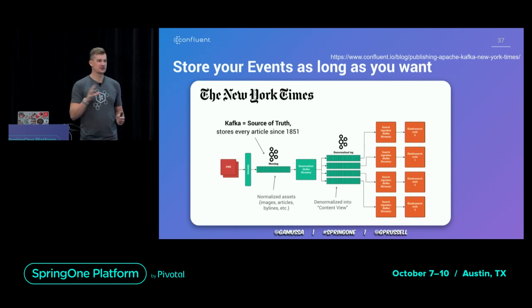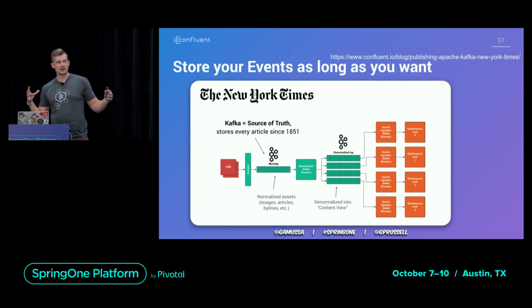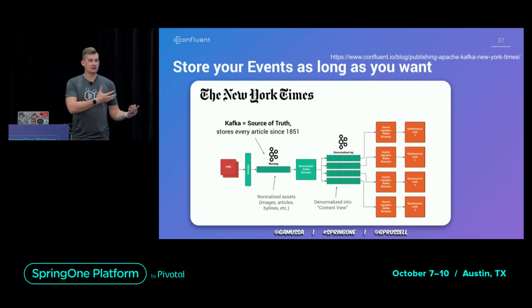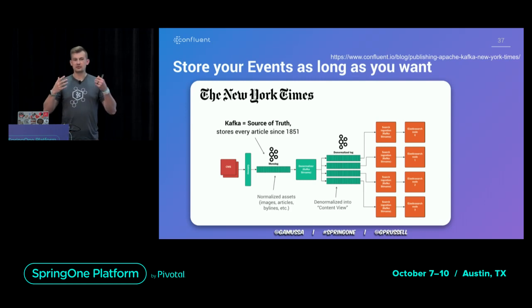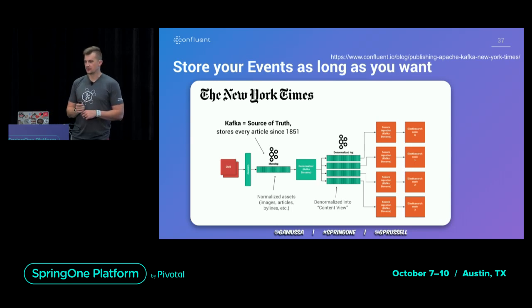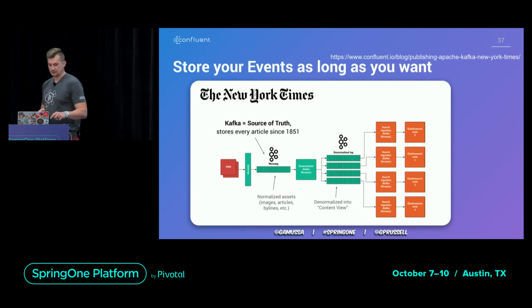So all the articles that the New York Times ever published are stored in a Kafka topic, where systems like content management systems that need to display this data or do something with this data will be able to reconstruct this and read this from one source of truth, which would be a Kafka cluster. So there's a link in the blog post. You can go and check this out yourself.